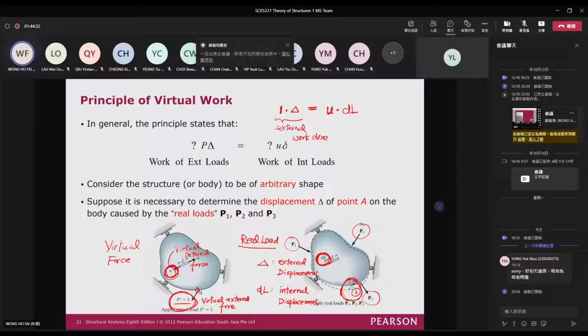Inside a structure there are many internal forces and many internal displacements, so we can add them together. This forms the so-called virtual work method, because the 1 is virtual and we multiply it with the displacement. We can call this the virtual work. This is the external virtual work done, and this is the internal virtual strain energy.